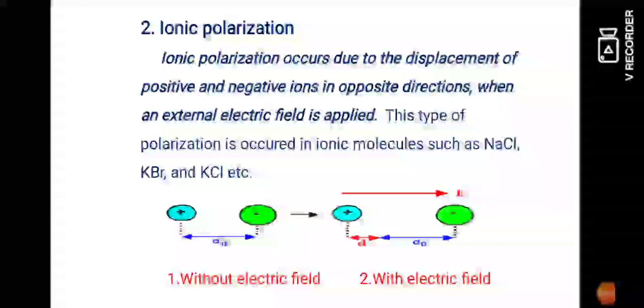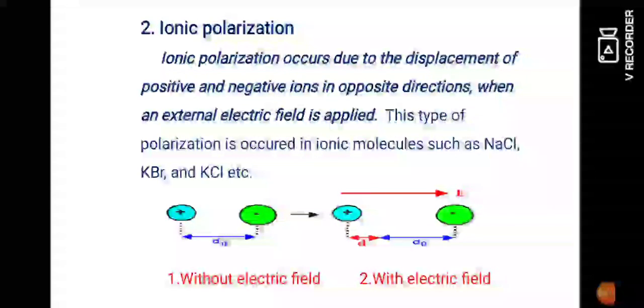This type of polarization occurs in ionic molecules such as sodium chloride, potassium bromide, etc. Here we see in the first figure, the positive and negative ions are separated by a small distance d naught, as shown in the figure. That means this is the equilibrium position of the two charges, the positive and negative ions.